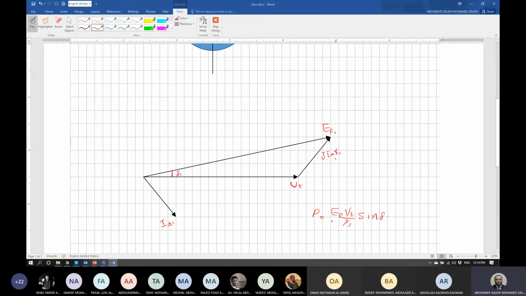What are the variables that we can use to control the power? Now if we have a generator connected to an infinite bus and we would like to control the value of power, what are the variables that are accessible in order to control the delivered power? The terminal voltage.